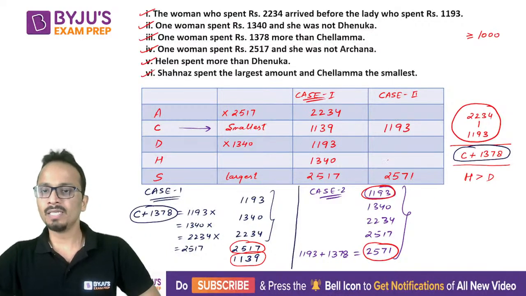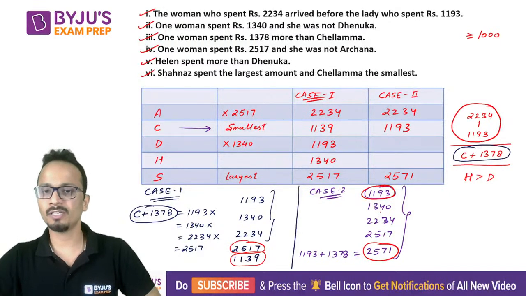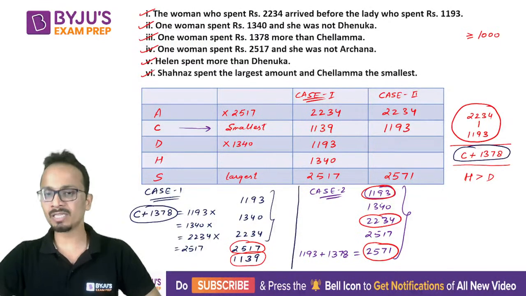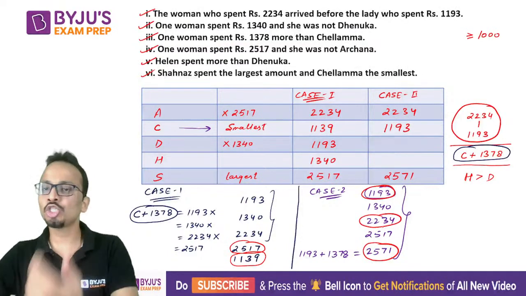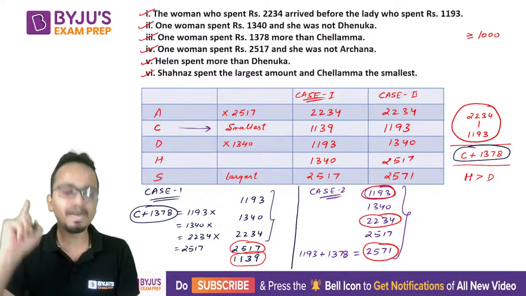Okay, now 1193 के ऊपर 2234 आना चाहिए. So 2234, I'll put it here. This is also done. And among the remaining two values, H should be more than D. So H should be 2517 and D will be 1340.